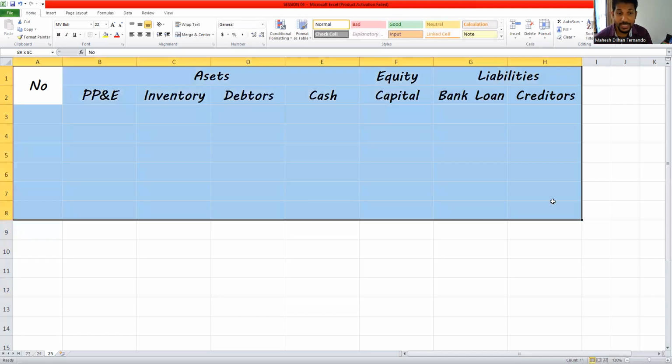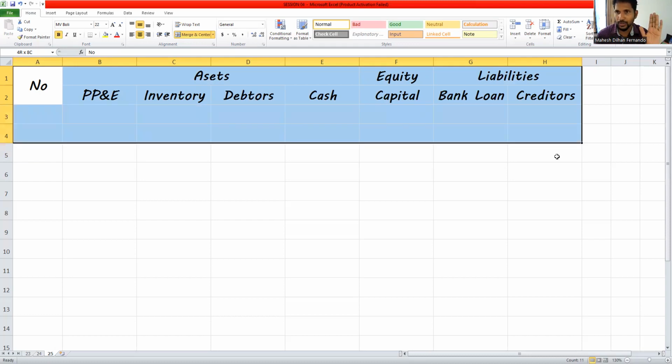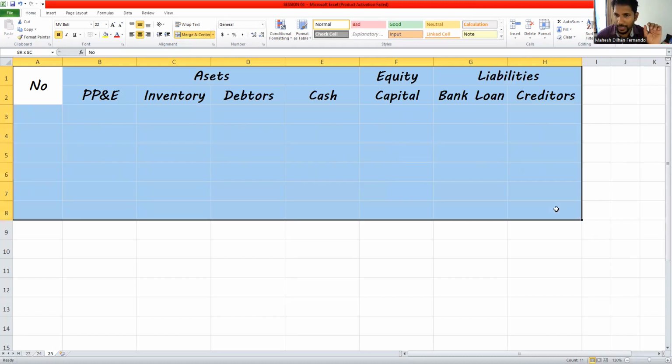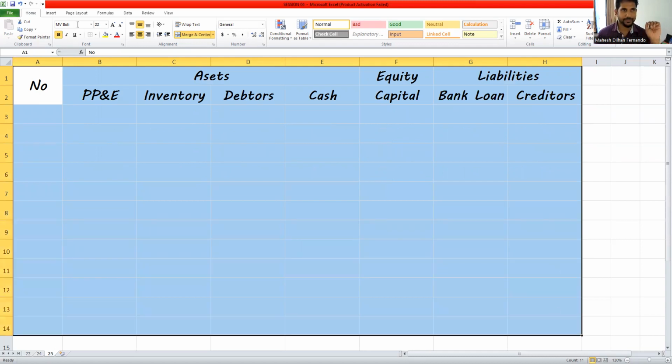How many transactions are there? 10 transactions. But we have opening balances, and we have to get the closing balances. So maintain 12 rows: 2, 4, 6, 8, 10, 12. I'm going to draw the table like this.